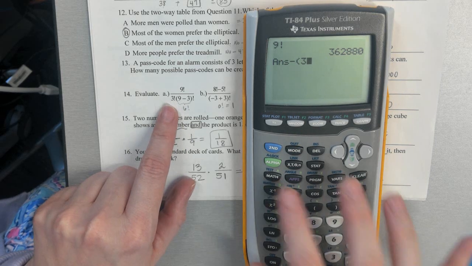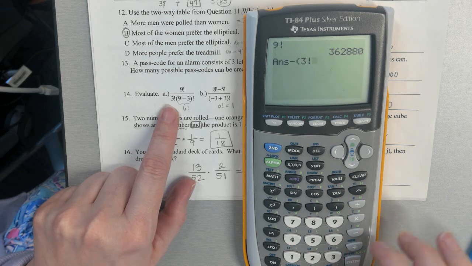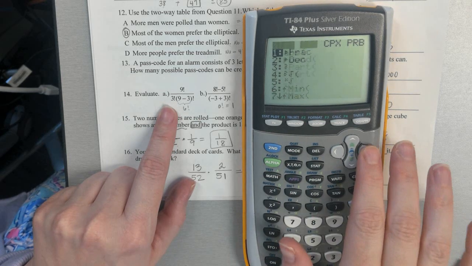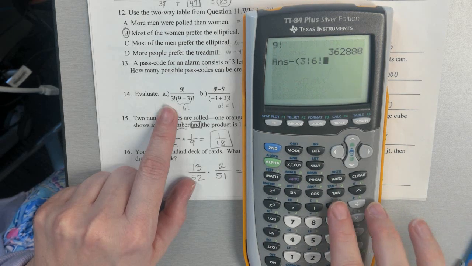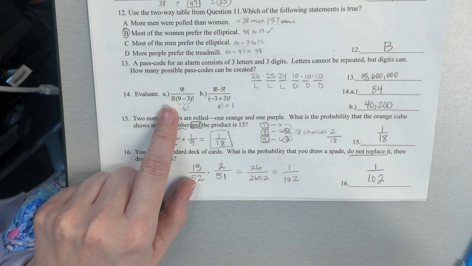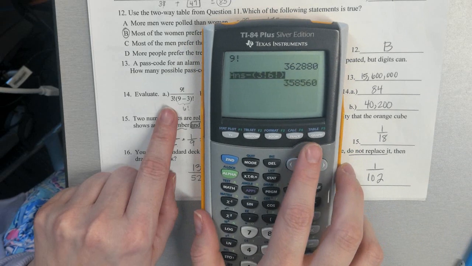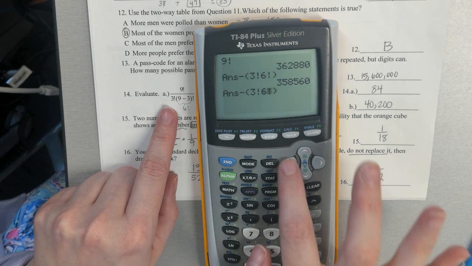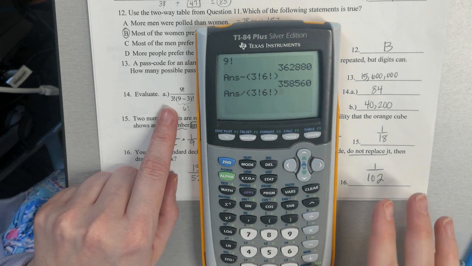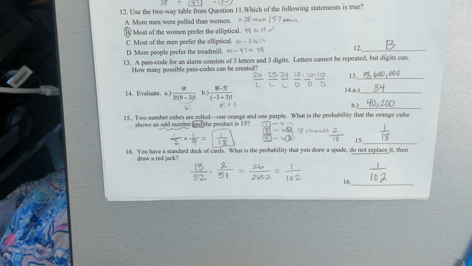So this is 3 factorial, okay, and then 6 factorial. Because I put minus, I just got to do divide. And then it should do it right. Is that what you guys got?